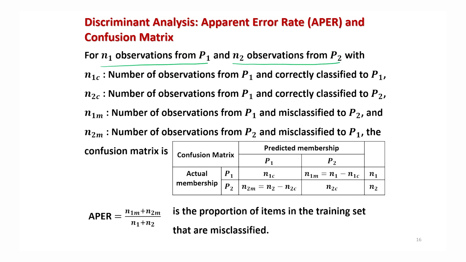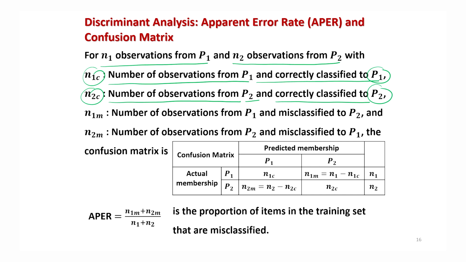Now our linear discriminant function is exposed to these n1 and n2 observations. Some observations will be correctly classified, some incorrectly. Suppose n1c is the number of observations from P1 which are correctly classified into P1. Similarly, n2c is the number of observations from P2 which are correctly classified into P2.